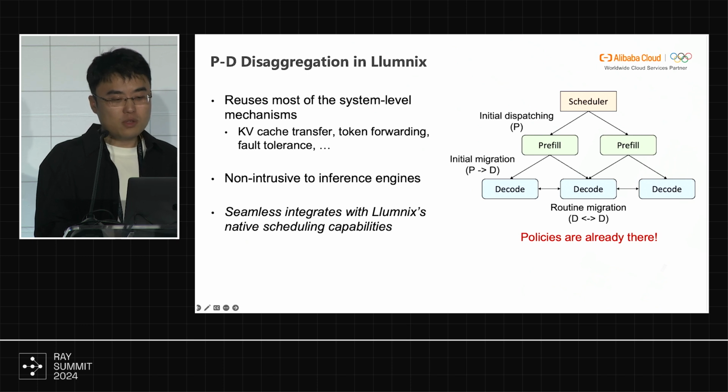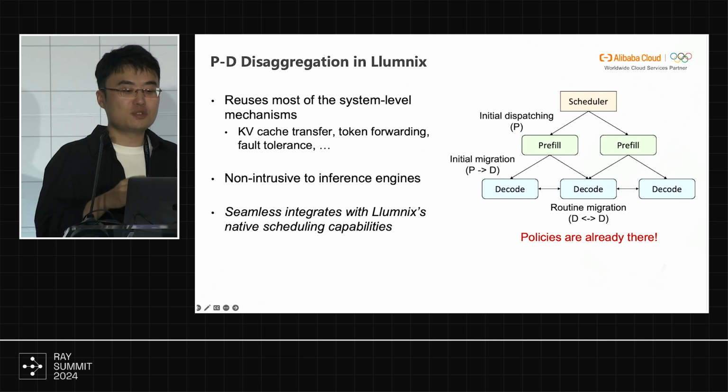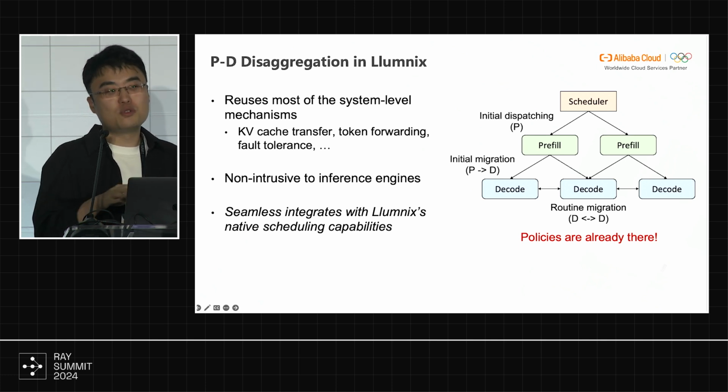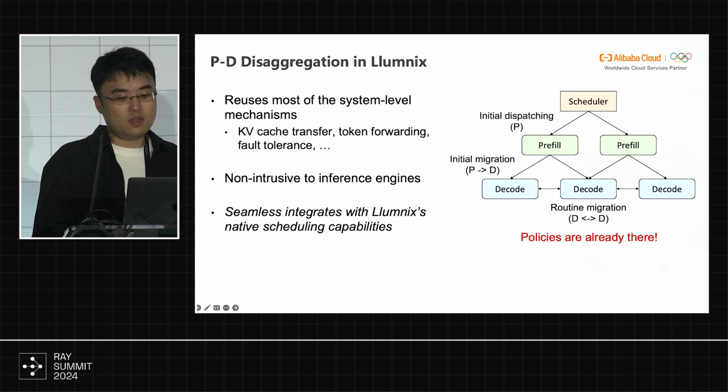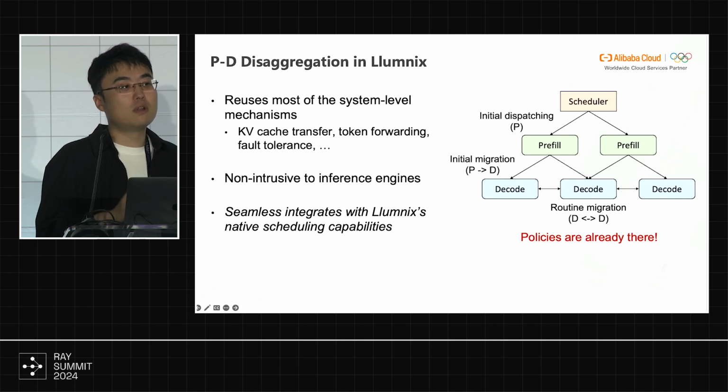Actually, when you migrate a request from a prefill instance to a decode instance, it's the same as choosing an initial dispatching instance when you do not have the disaggregation of P and D. It's just another dispatching, so the logic is actually the same. When we choose a D instance, we normally choose the instance with the least memory load, namely with a load balancing policy.